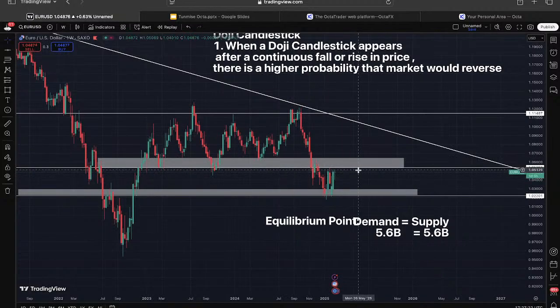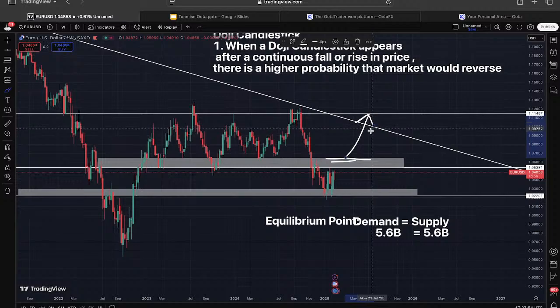So the only confirmation that the weekly time frame can give us right now is when price closes outside this support level. So we want to see price close at this level. Then our buy is triggered, because the next resistance zone would be this level here.